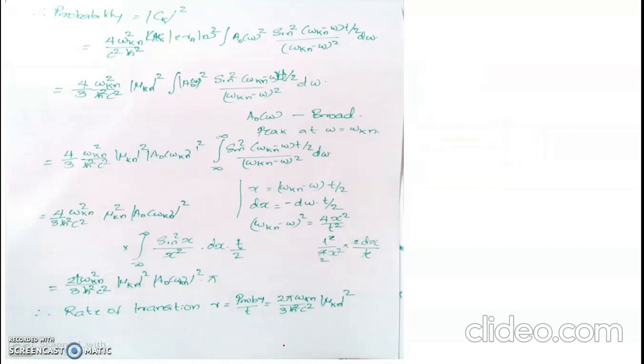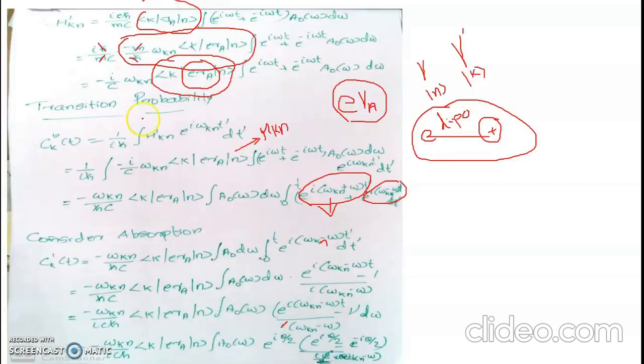So this is the probability amplitude. Then the probability for transition is the square of this amplitude. Here I have to account for a simplification.